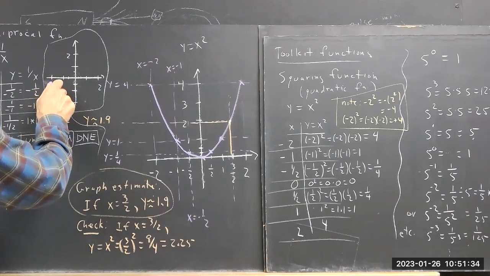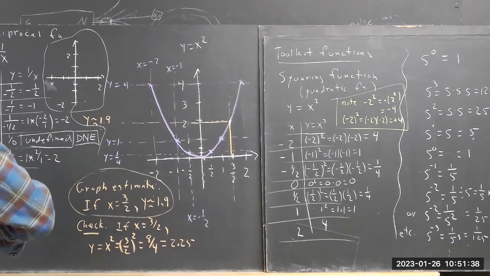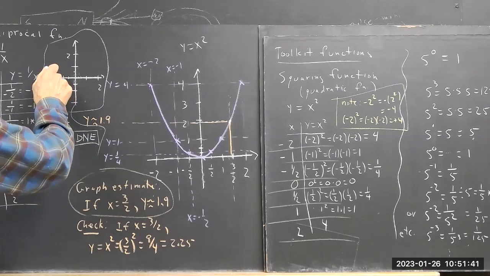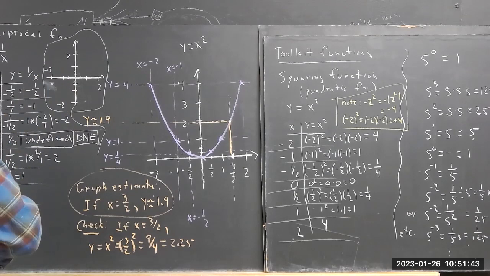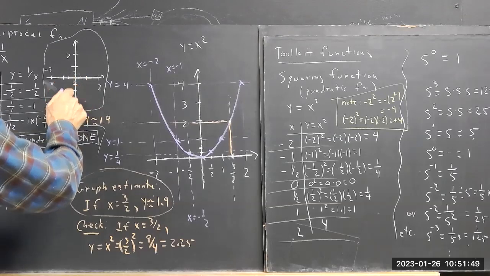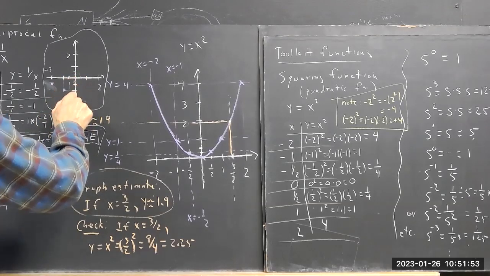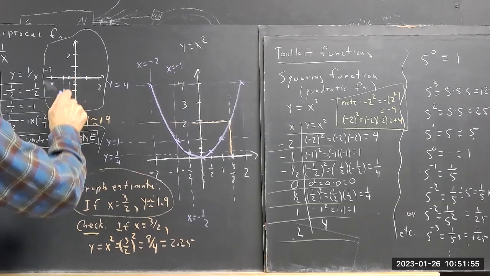My -2 is kind of in the way here, but right there is my -2, -1/2. Then my -1, -1. Well, x is -1, y is -1, that's gonna be here. And then -1/2, -2 is gonna be down here.